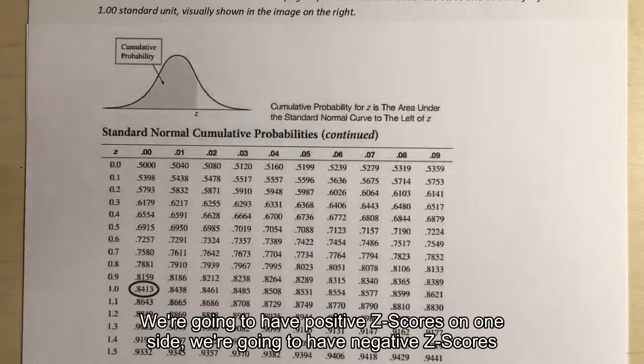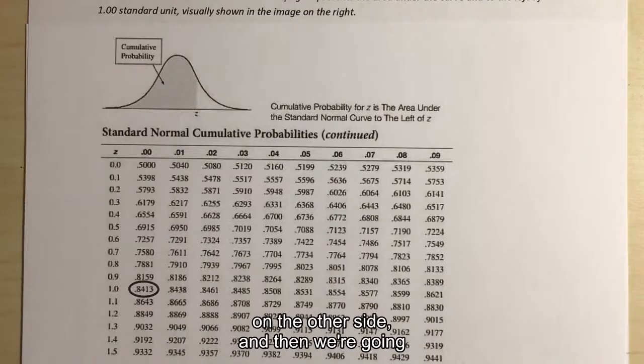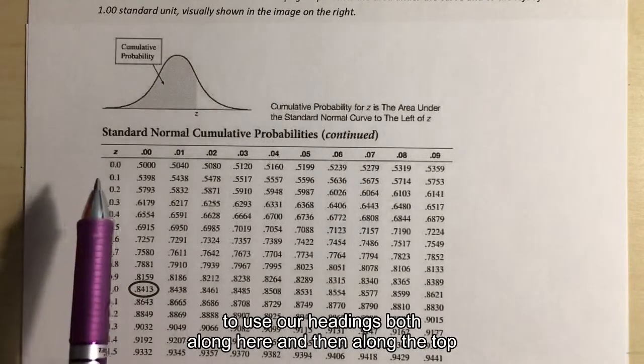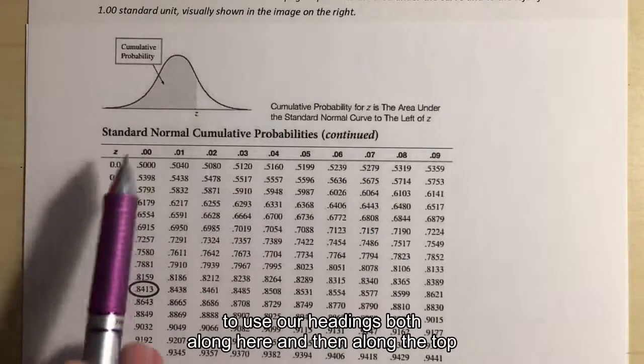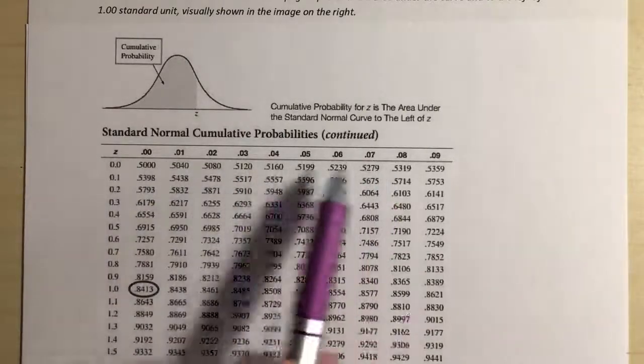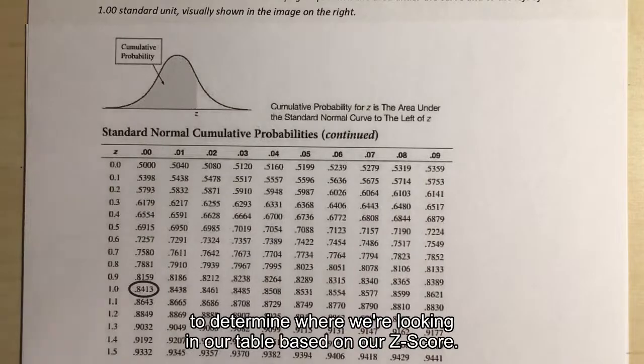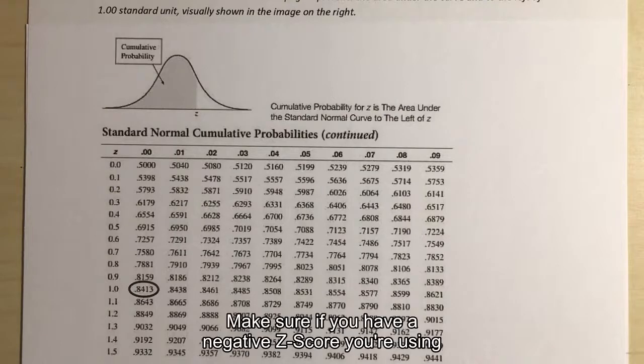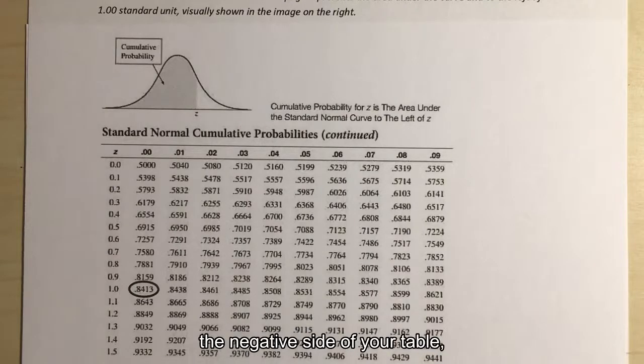As we're using this table, it's a two-page table. We're going to have positive z-scores on one side and negative z-scores on the other side. Then we're going to use our headings, both along the side and along the top, to determine where we're looking in our table based on our z-score. Again, we want to pay careful attention to your signs. Make sure if you have a negative z-score, you're using the negative side of your table.